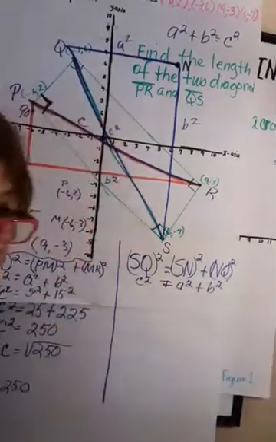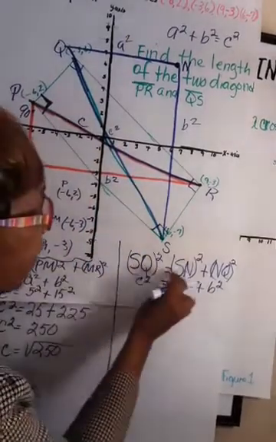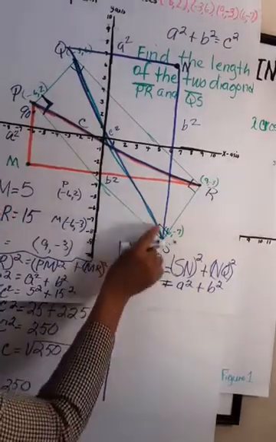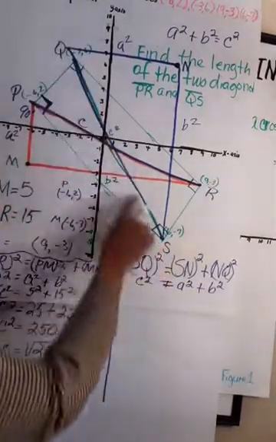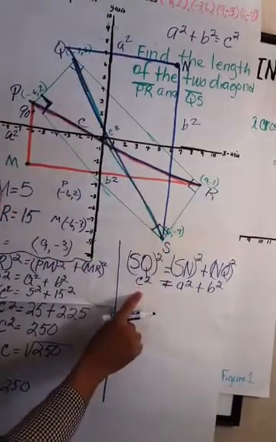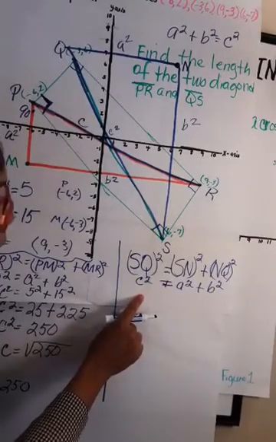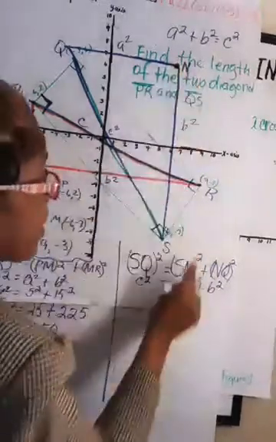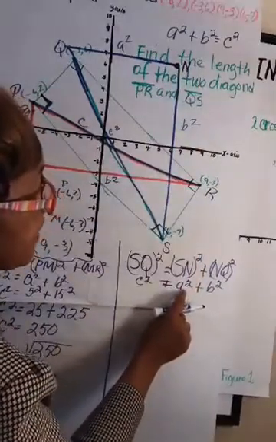They just use the letters here. So SQ, that is your hypotenuse, the longest side of your triangle here, and it equals SN, which is a leg. SN, that's a leg.